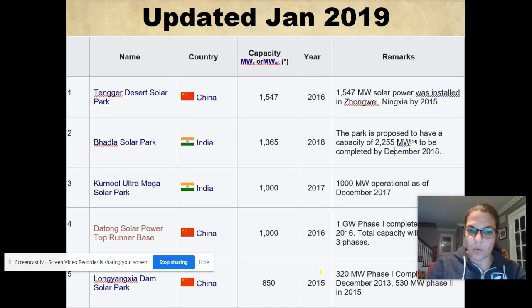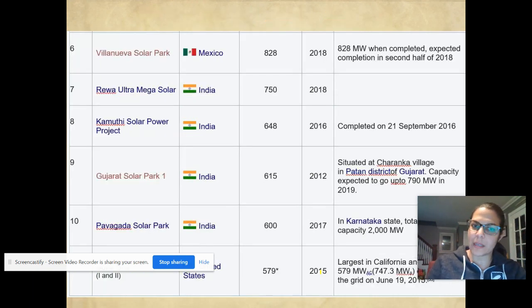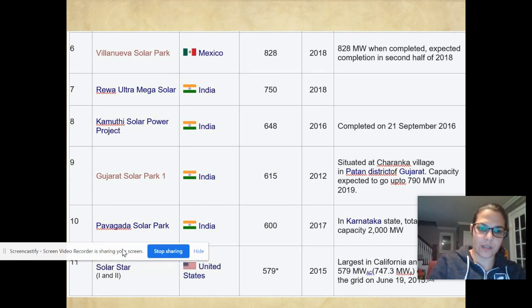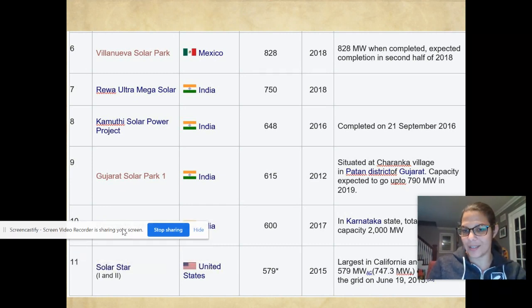So this list was updated in January 2019, and I do have the newest ones as well. But if you look at 1 through 5: China, India, India, okay, the largest capacity for solar fields in the world, 1,547 megawatts, which is a lot, and it's absolutely amazing. Mexico, India, India, India, India. Okay, and then when we get to number 11, that's where we get the United States.